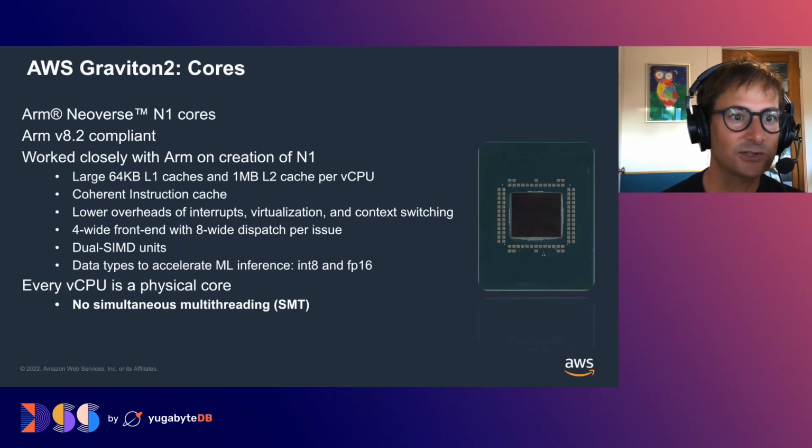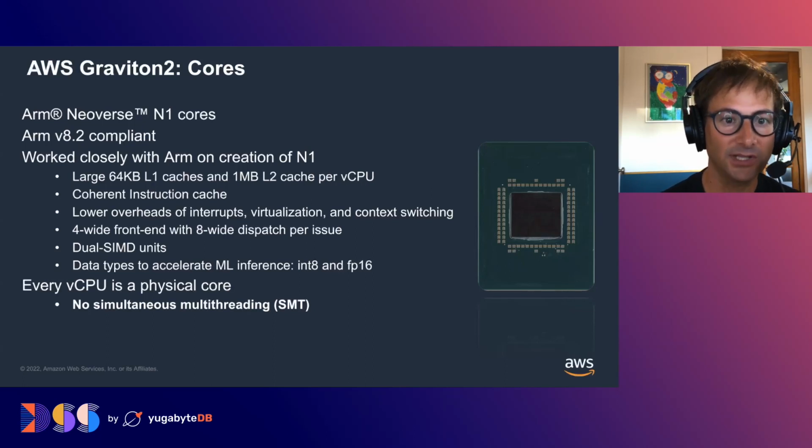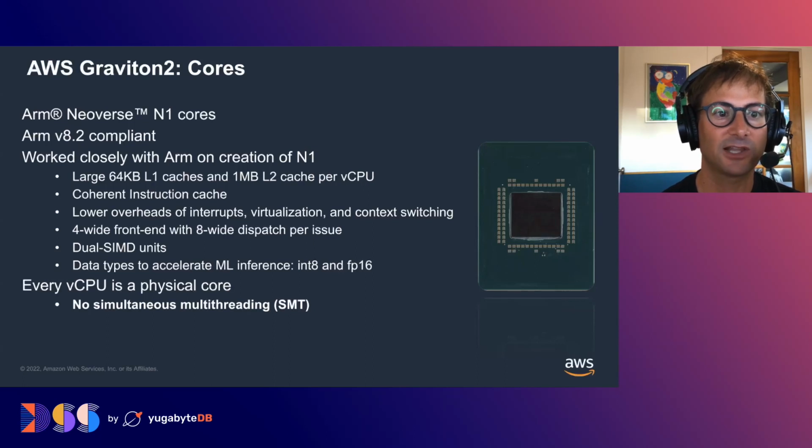The Graviton 2 processor is based on an ARM Neoverse N1 design. We collaborated extensively with the ARM folks to build the Neoverse N1. It's based on the 8.2 version of the ARM architecture. We collaborated closely with ARM to build a processor that would be fast in the context of cloud workloads.